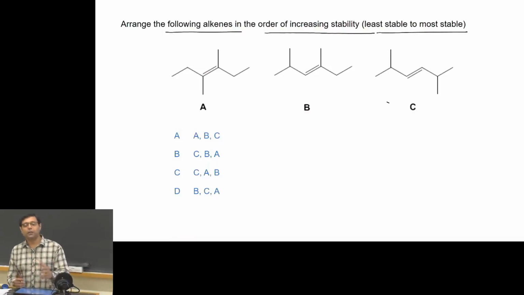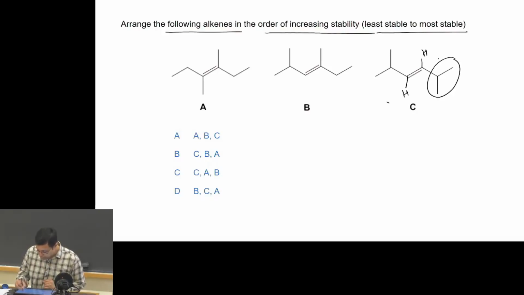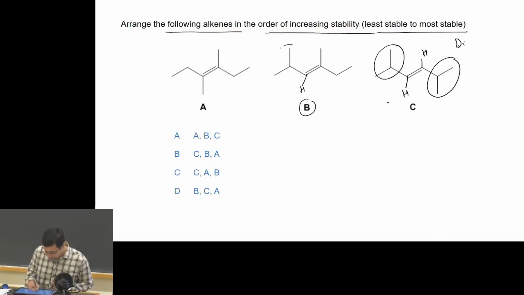Anytime you are looking at stability of alkenes, look at the substitution pattern on the double bond. Compound C is di-substituted. It has 2 R groups. Compound B is tri-substituted. It has 3 R groups.